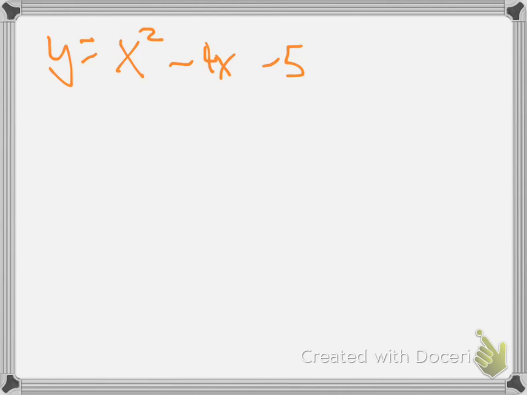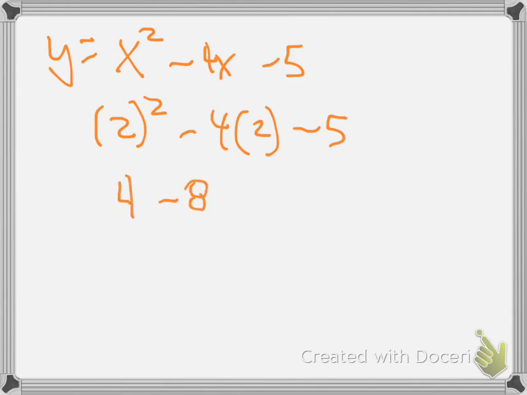Okay, so what you do is you plug that 2 in. 2 squared minus 4 times 2 minus 5. So 2 squared is 4, minus 8 minus 5. All right, well 4 minus 8 is -4, minus 5 is -9.